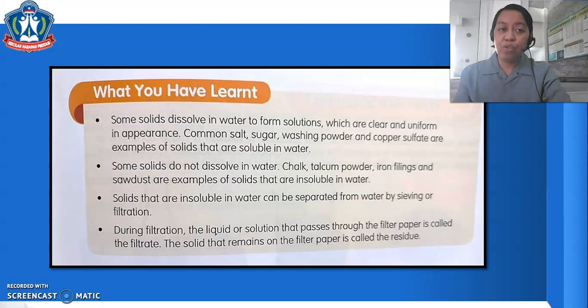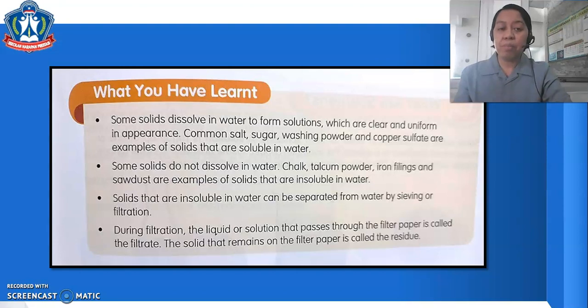So for this lesson, children, we have learned that some solids dissolve in water to form solutions which are clear and uniform in appearance. Common salt, sugar, washing powder, and copper sulfate are examples of solids that are soluble in water. Some solids do not dissolve in water.